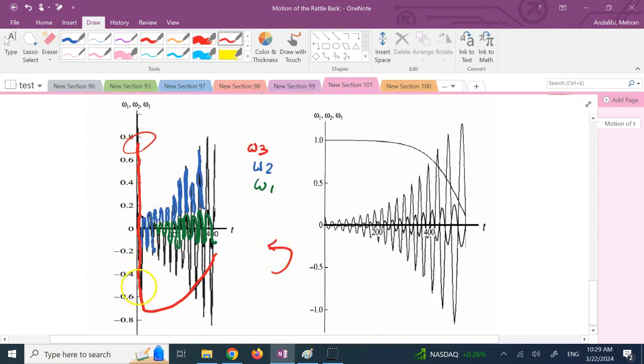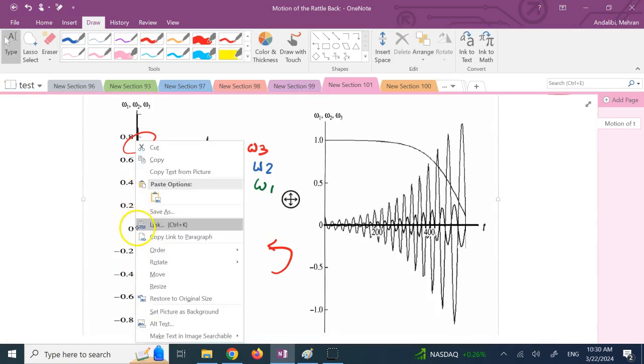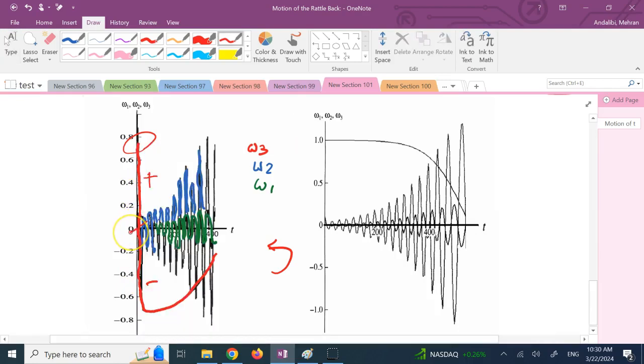And then immediately after the start, you see it went from positive to negative. So it stopped right here, it became 0 after a short time. And then immediately after that, it started to go clockwise now. So here is counterclockwise, here it is clockwise. And then over time, due to friction, it slows down and wants to go back to 0. Yeah? So you can see the reversal of direction.